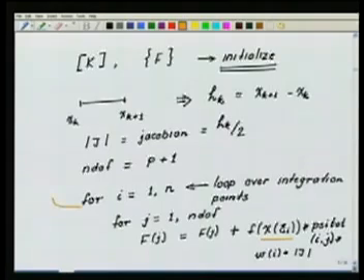So, for the integration point I am going to compute x is equal to xk into 1 minus psi I divided by 2 plus xk plus 1 into 1 plus psi I divided by 2. This gives me the physical coordinate corresponding to this integration point.